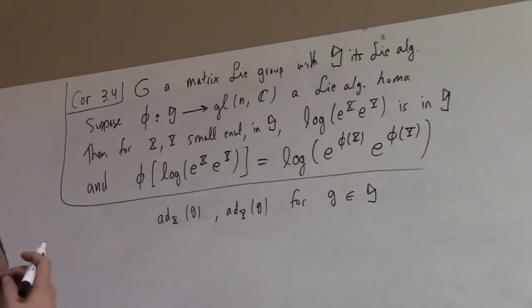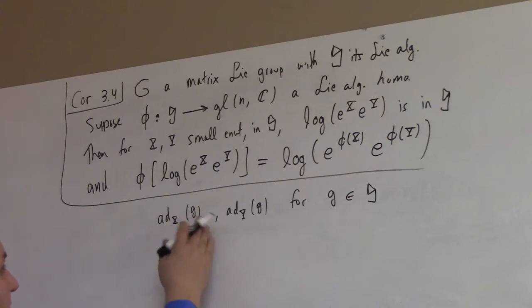These are commutators. Invariant means it maps onto a subset of itself. Yeah, it says that g should map to g. So this should go back to g again.